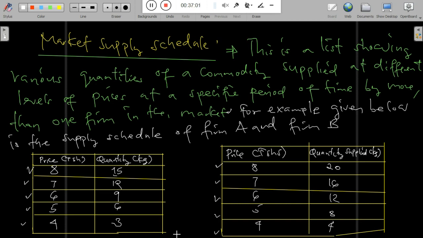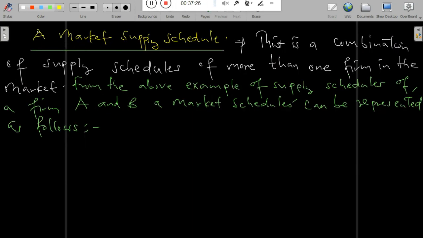As you observe from this previous example, this is firm A and firm B. Now a market schedule can be presented by combining the two tables together. When you combine the first table for firm A and another table for firm B, you obtain what is known as the market supply schedule.